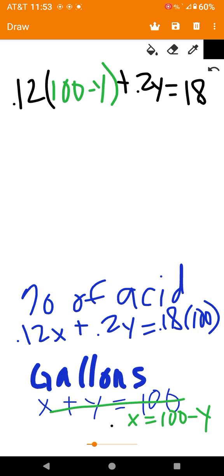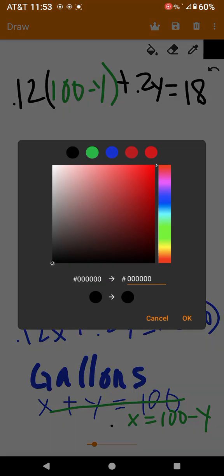So I'm just going to write that for space's sake, instead of rewriting the 0.18 times and then doing the math. I just went ahead and did the math for it. So 0.18 times 100 is 18. So now we can distribute our 0.12.